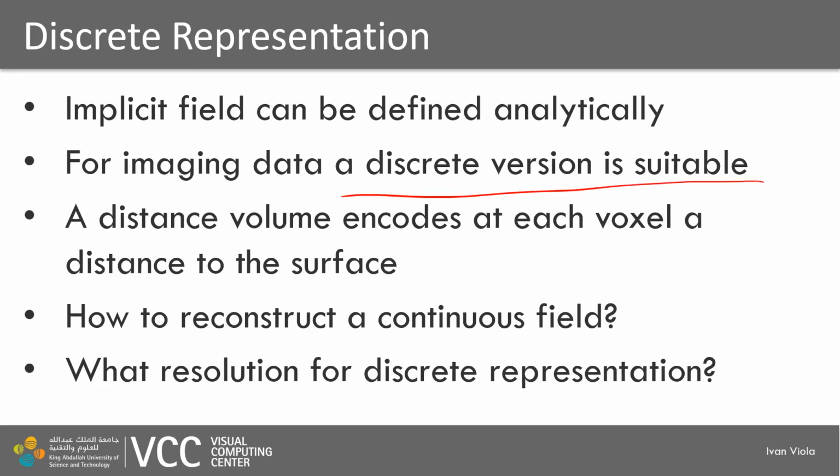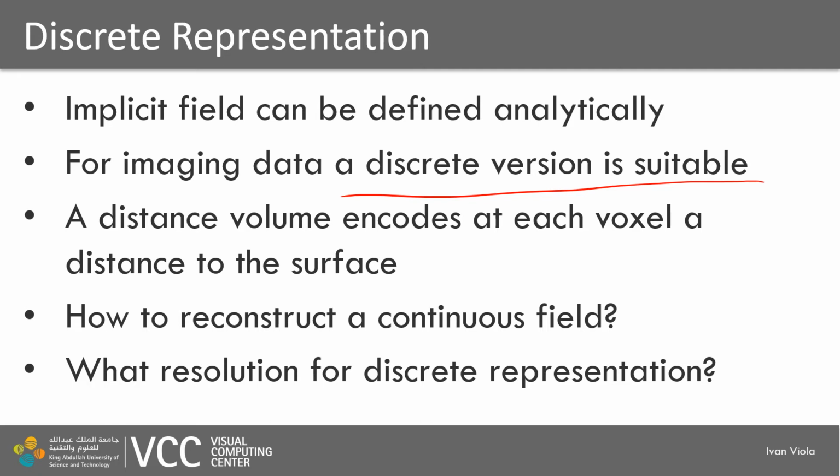And in such a representation, we will then have the distances encoded in each voxel. And through the neighborhood information of the voxels, we can also resolve the information about the gradient, or we can interpolate the distance value between the sample values of our explicitly defined positions of the voxels.